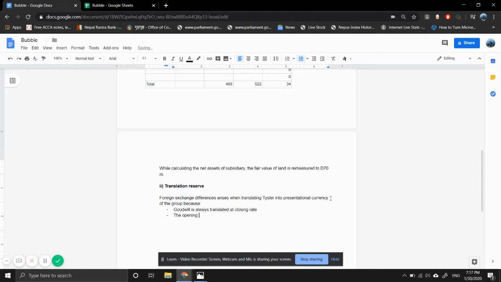Opening net assets are retranslated every year at closing rate.